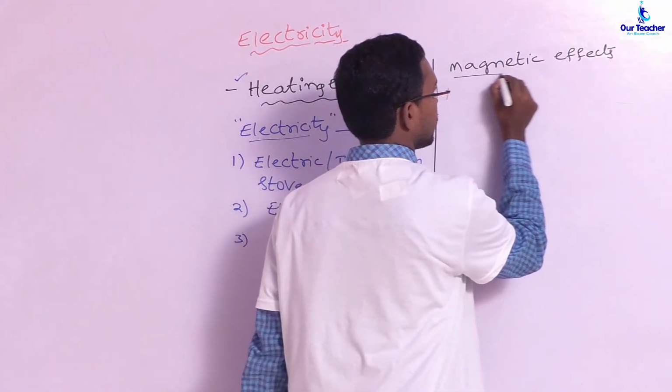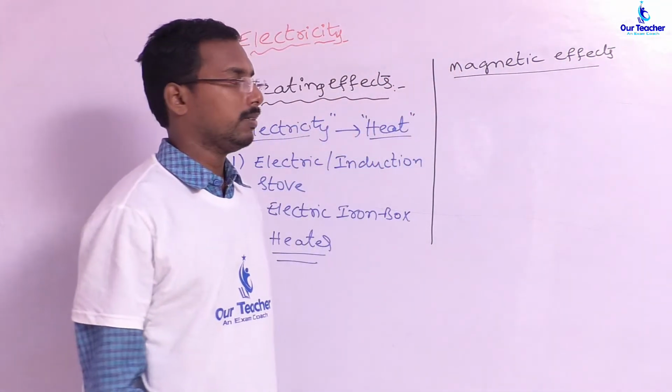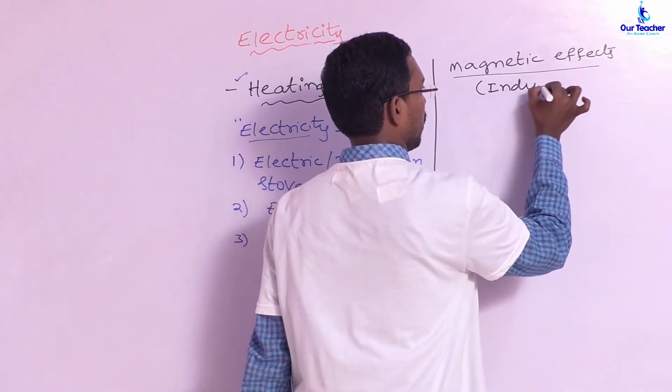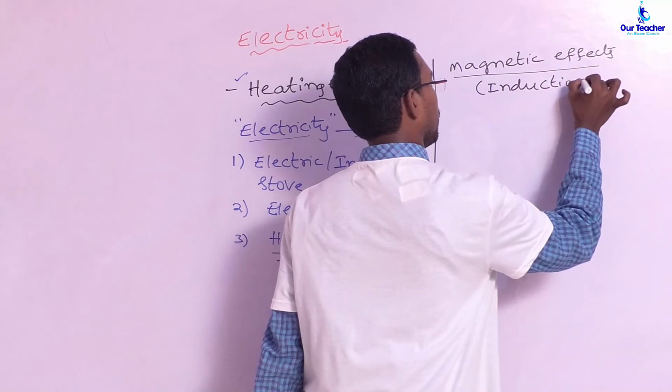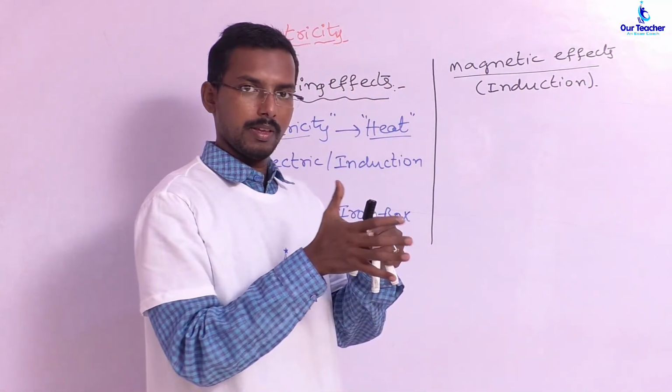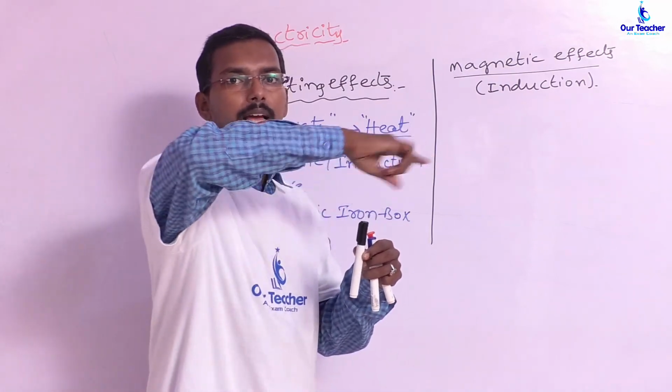This magnetic effect is nothing but the concept of induction. Very simple one. If a current is passing this way, then a magnetic field will be created around it. Okay.